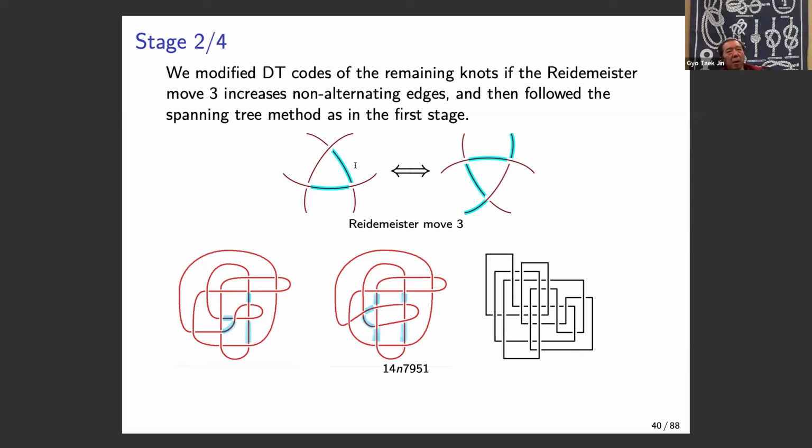So we sorted out those where the non-alternating edges increase, such as 14 and 7951. So we decided 1,684 more as arc index 13.